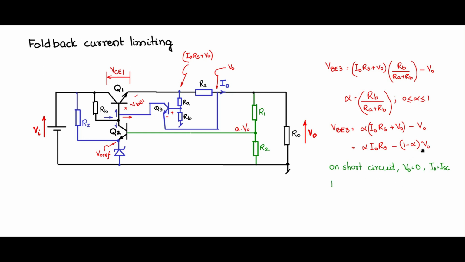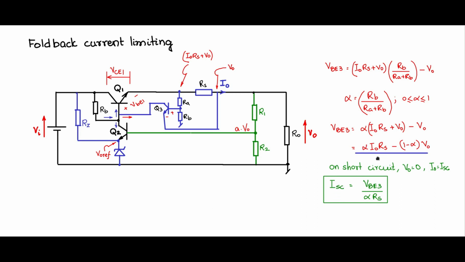So under short circuit condition, look at this equation, V naught is 0, so this term goes off and you have only this term. So therefore ISC, I replace by ISC, which is equal to VBE3 divided by alpha RS. So this is a design equation for choice of RS and appropriate choice of the design parameter alpha. You can also design what should be the short circuit current. Now this importance will become clear as we go to the next steps.